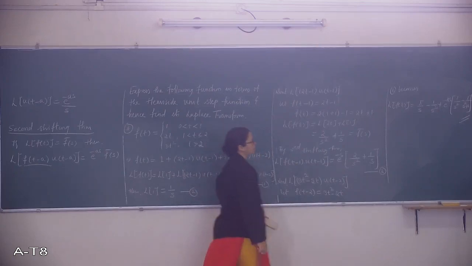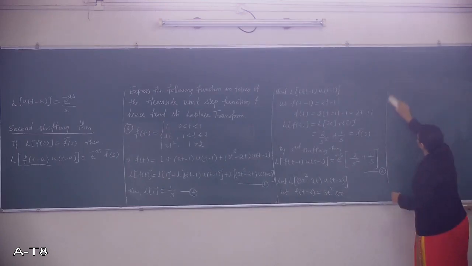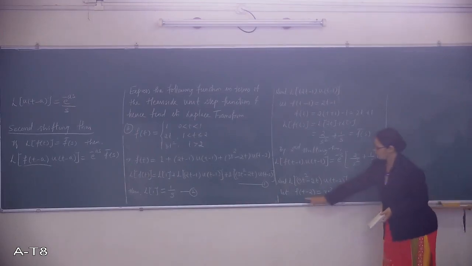Again we need to replace t by t plus 2 to get f of t.